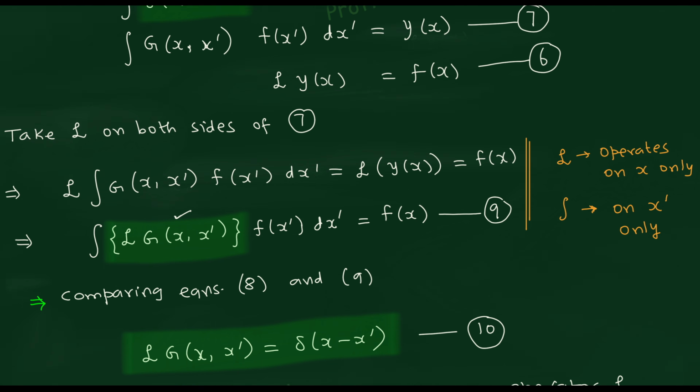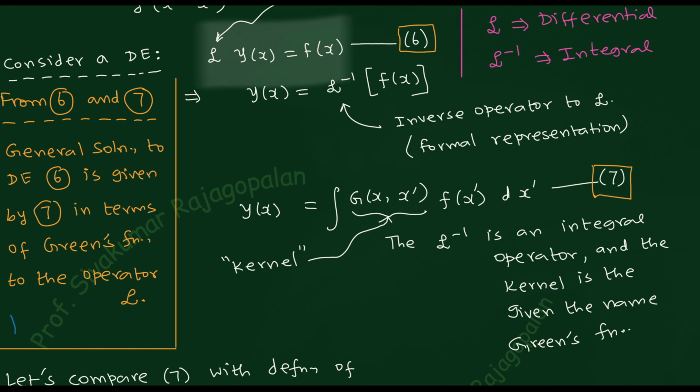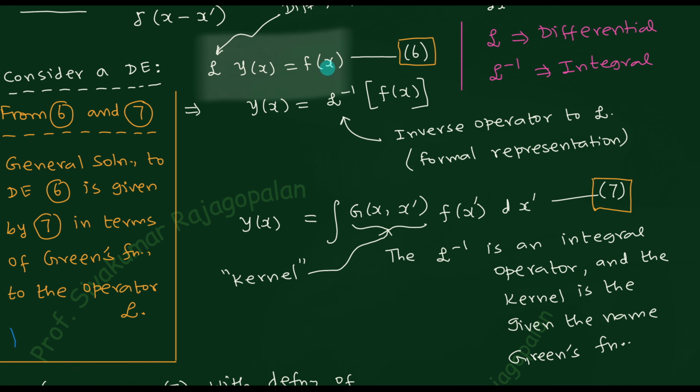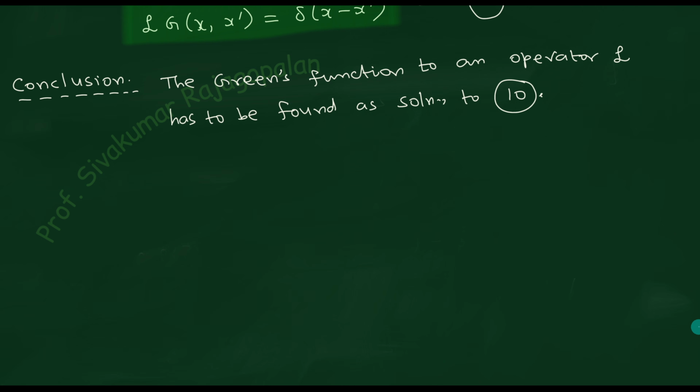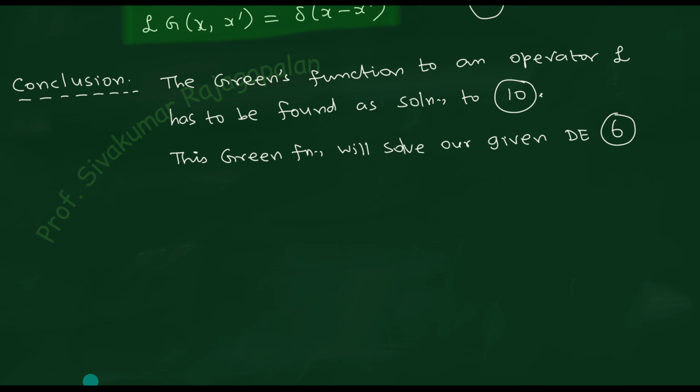Okay, so you go back and see what your original problem is, I mean equation number 6. That equation you remember, because that is the equation to be solved. As an intermediate step, we got this expression. Equation 6 you should not forget because that is the one we are going to solve.